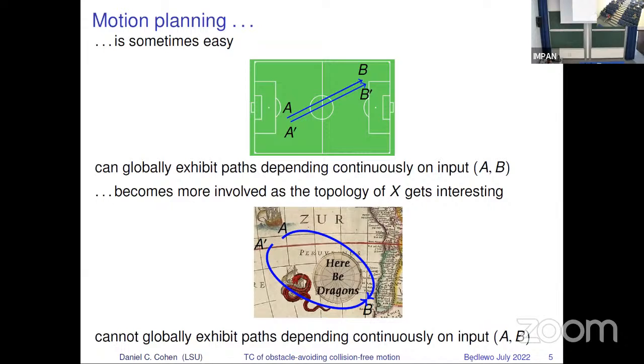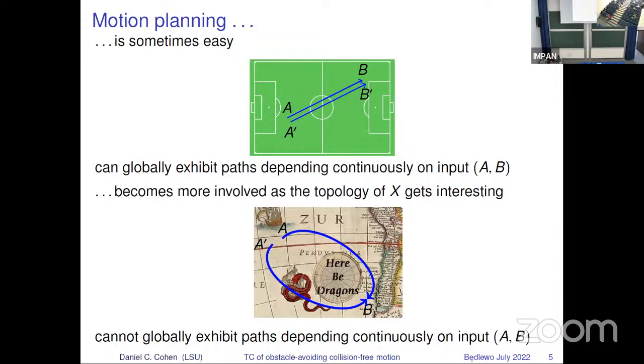And this is nice in the sense that if the initial and or terminal positions wiggle a little bit, the corresponding line segment you make will wiggle analogously. In other words, I can continuously plan the motion on the football field.